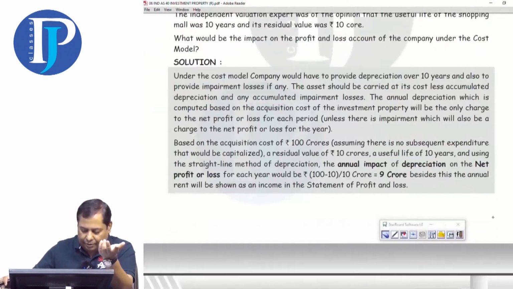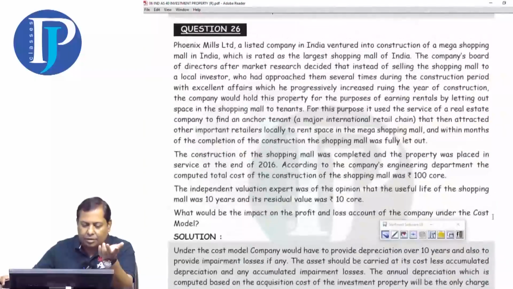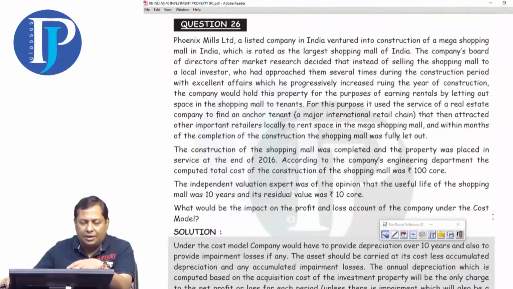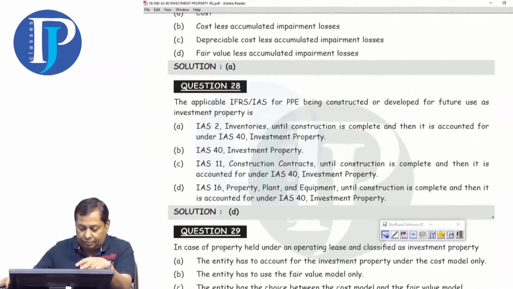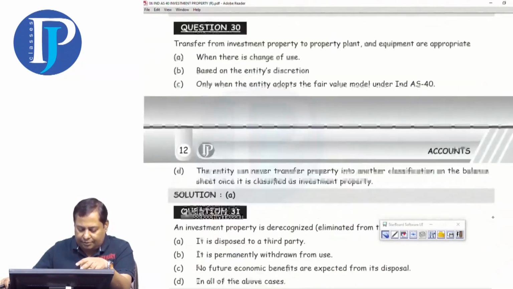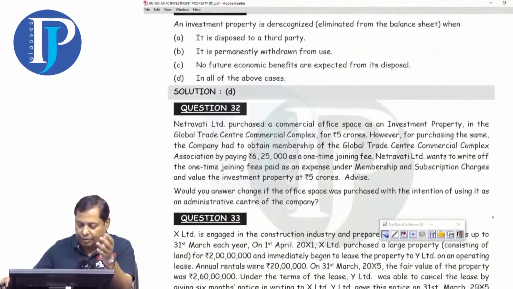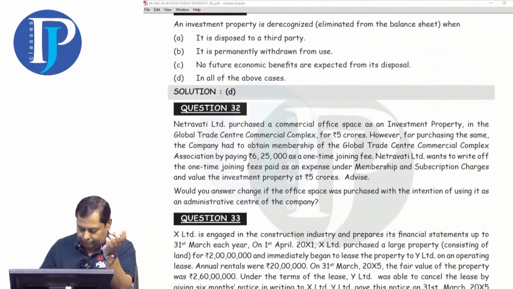After this, let's read another one. We will come back to question number 26. These are all MCQs. Look. We are on question number 32.